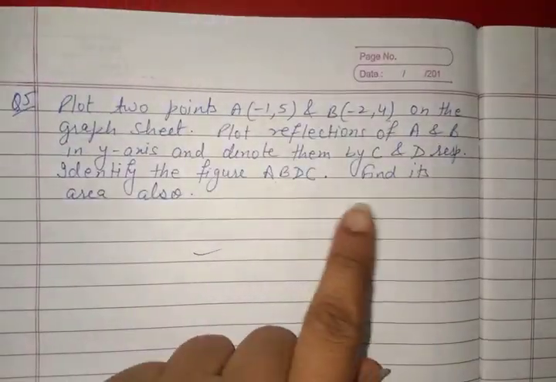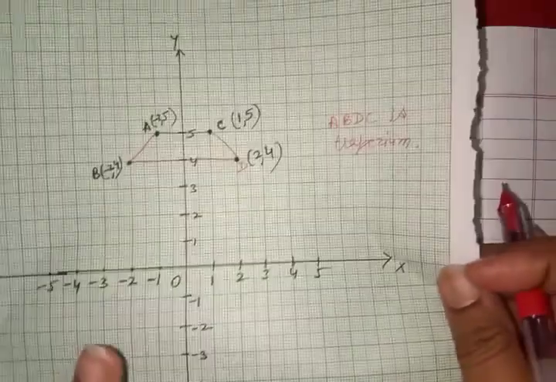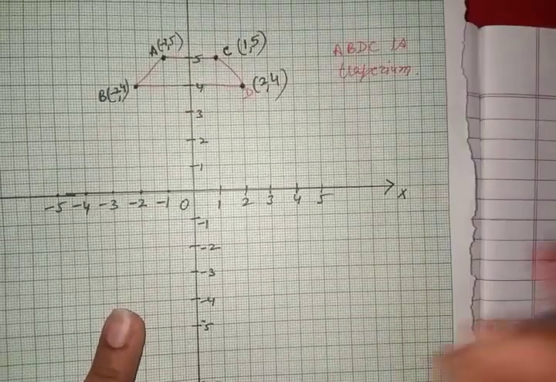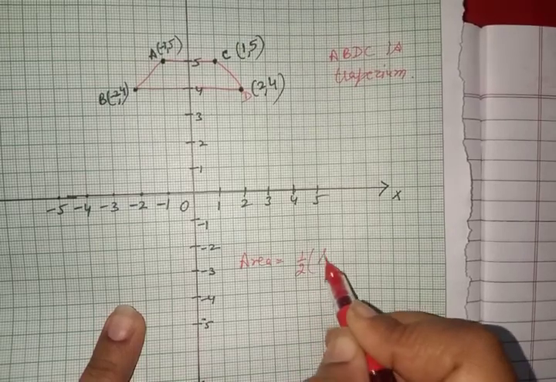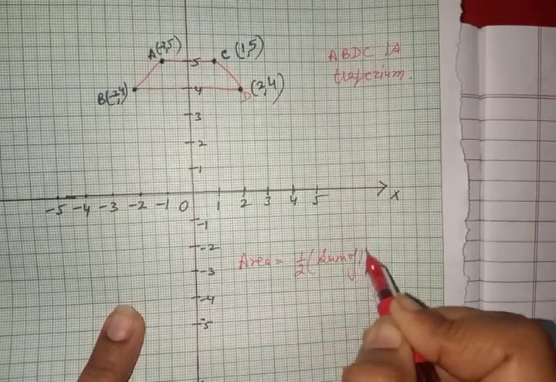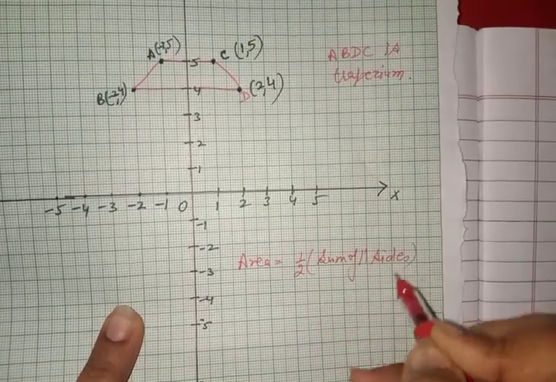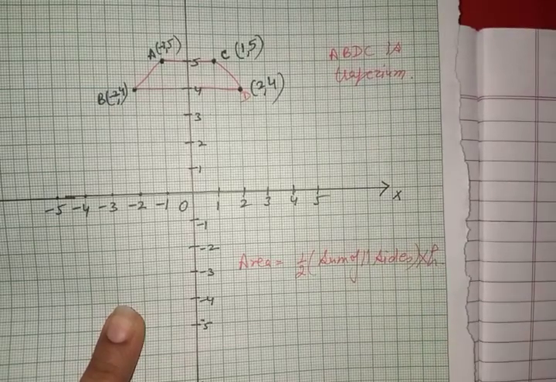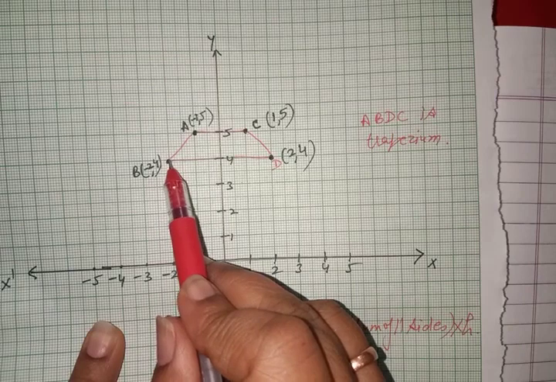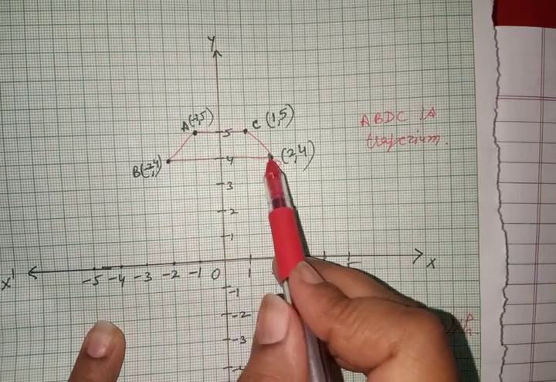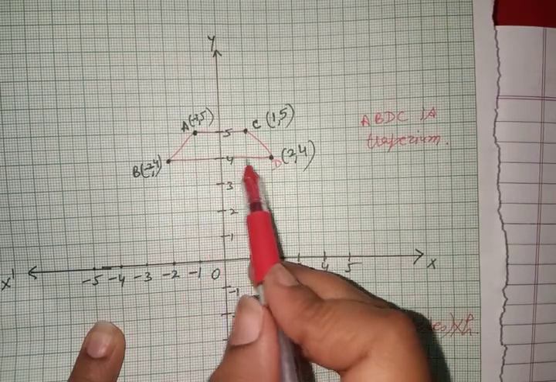Second thing is to find its area also. The area of a trapezium is half the sum of parallel sides into height. So for the parallel sides, you can easily see the length of BD is 1, 2, 3, 4.